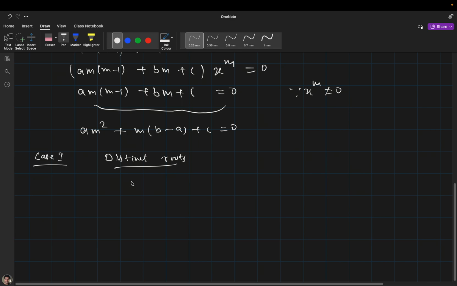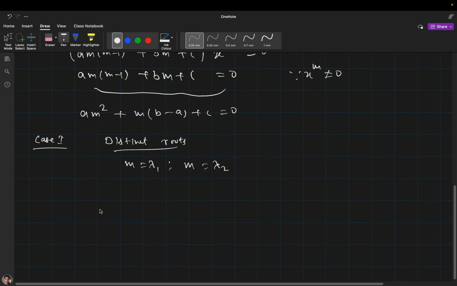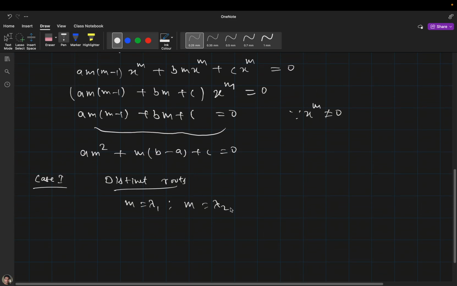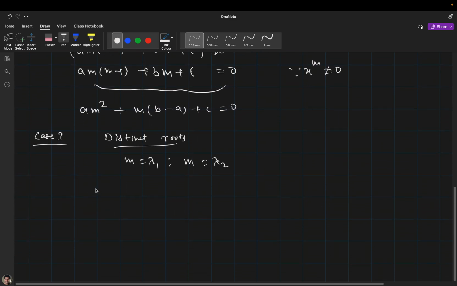Suppose one root is m equal to lambda 1 and the second root is m equal to lambda 2. Then you can easily write one solution as x raised to the power lambda 1, and the other solution as x raised to the power lambda 2.